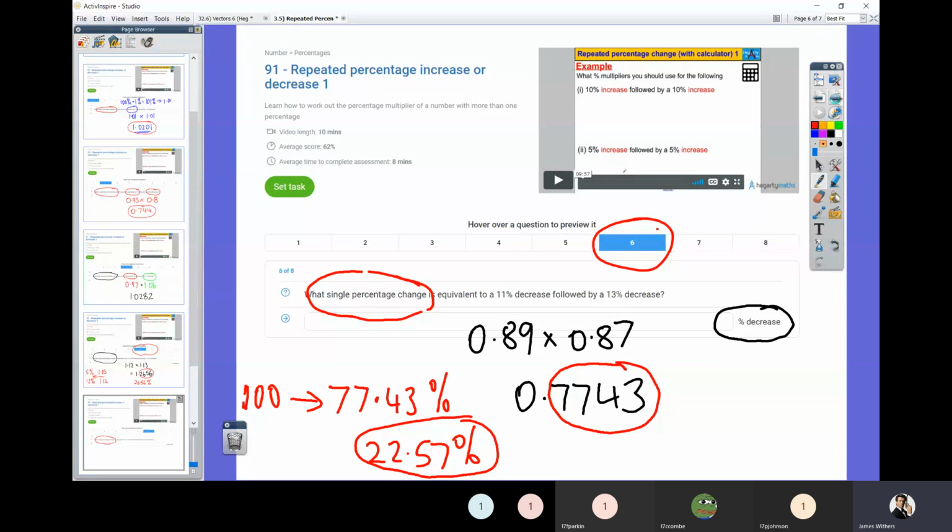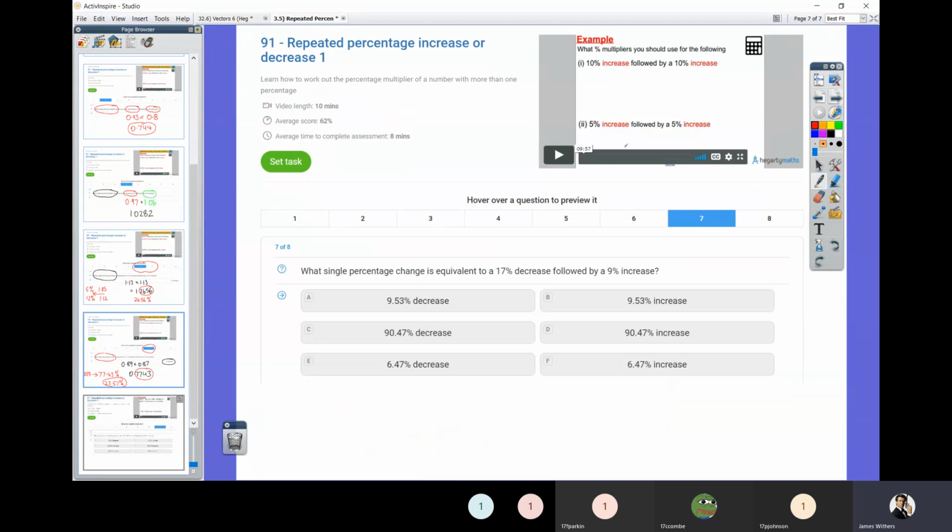Now, questions 7 and 8 are both like this. So at least we've got some bits to help us. So let's work through this. Single percentage change. So we've got a 17% decrease. That's 0.83. Then a 9% increase. That is 1.09.